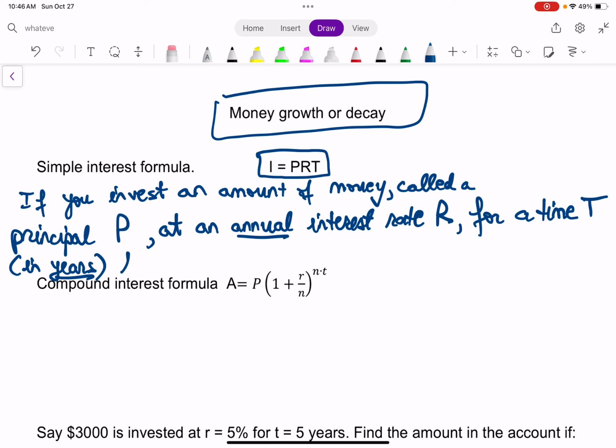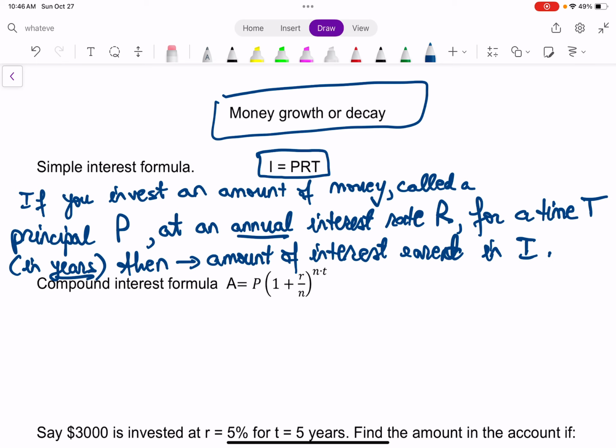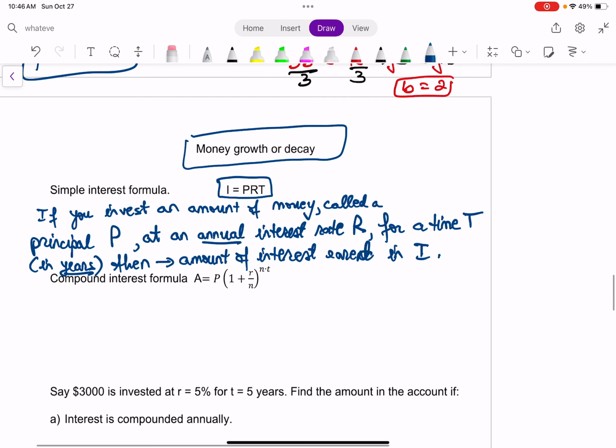Then the amount of money that you will earn, which we call an interest, is I. And I filled up all that space and should have definitely left myself more room.